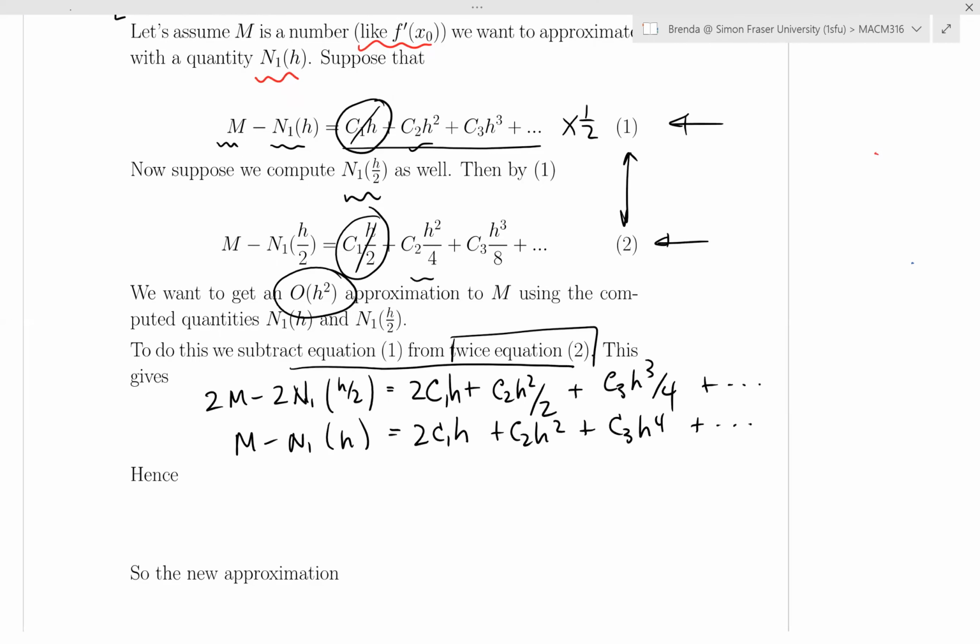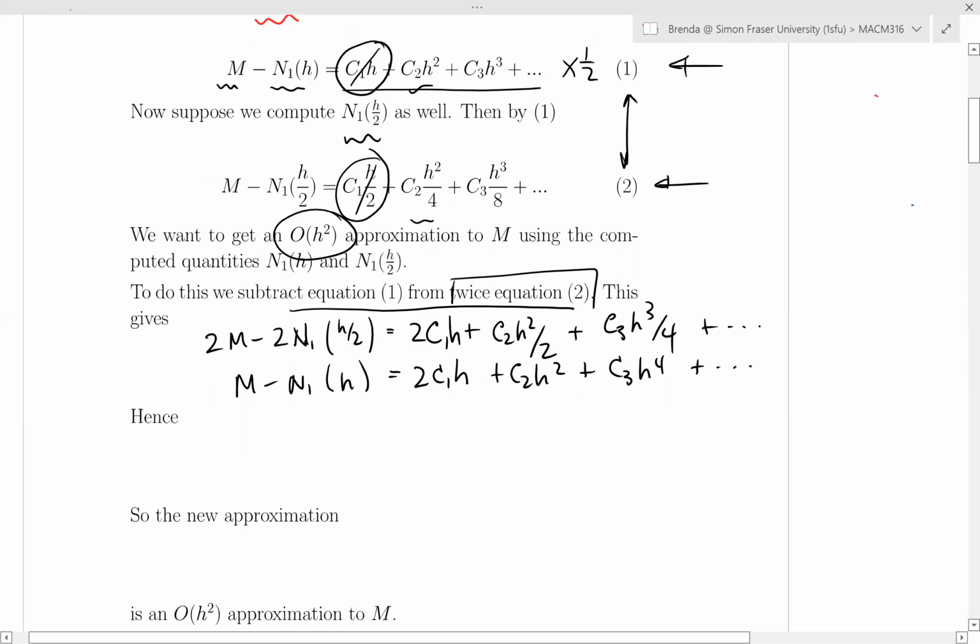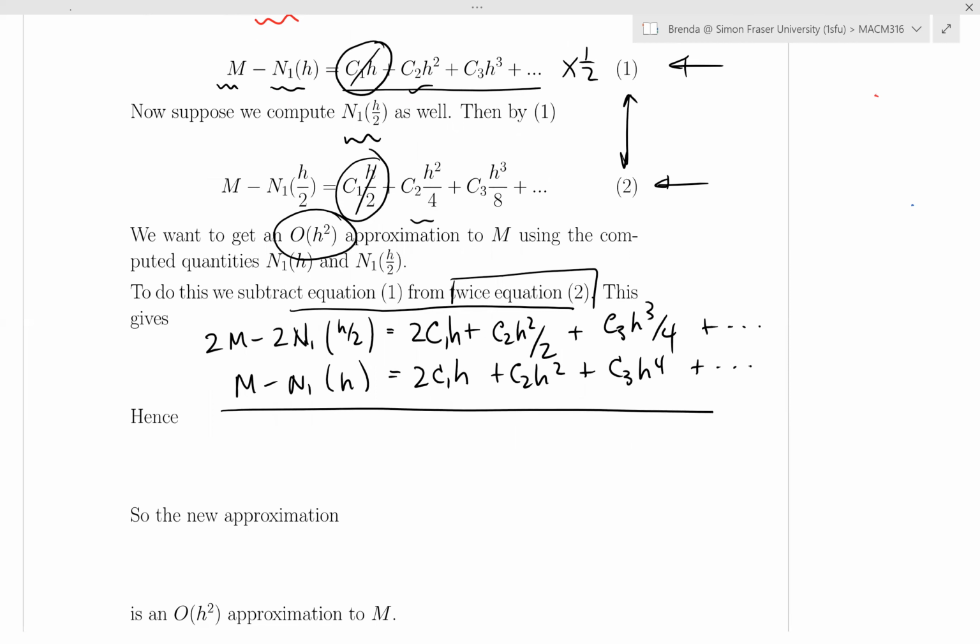Okay, and then I'm going to subtract and solve for M. So I subtract, I get M, and then on the right-hand side, I'm going to get 2 N1(h over 2) minus N1(h).